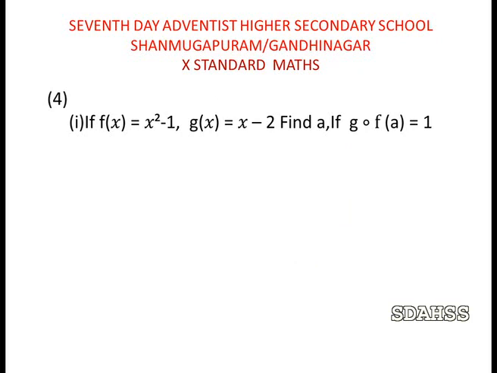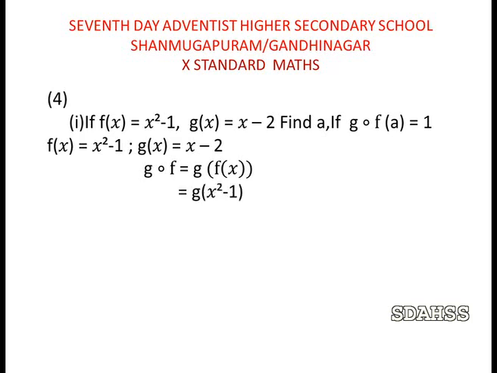Fourth sum, subdivision 1. F of x is equal to x square minus 1, g of x is equal to x minus 2. Find a if g dot f of a is equal to 1. Here two functions are given and the condition is also given. First you have to find out g dot f of x, which is equal to g of f of x.